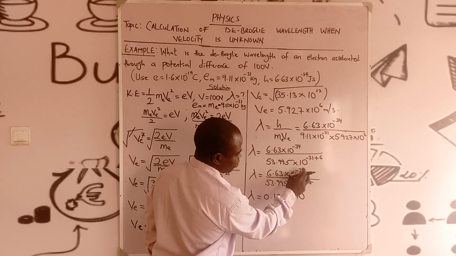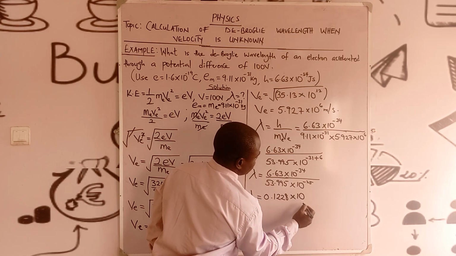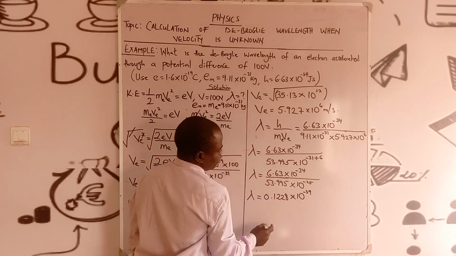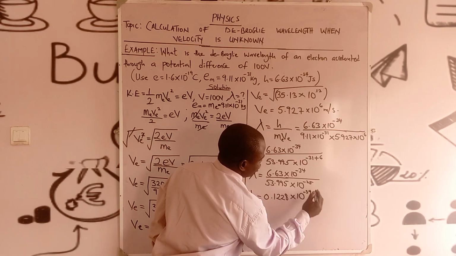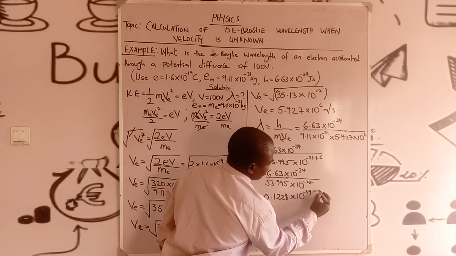Now let's concentrate on the power. Let's apply the indices. 10 to the power minus 34; this division is negative. Before you now bring this minus 25.